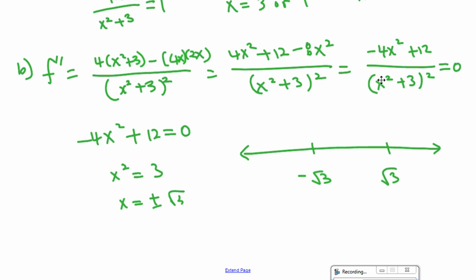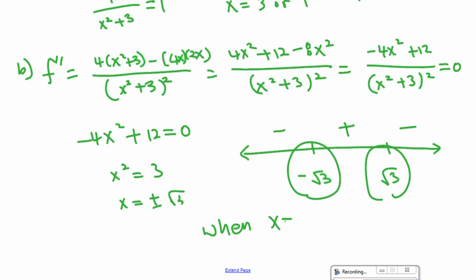The only portion where this will be positive is in between these two, such as when x equals 0. So the concavity is negative, positive, and negative. You can plug in each value and figure it out. But as you can see, at each predicted value of x, we get the points of inflection when x equals positive or negative radical 3. That becomes our answer.